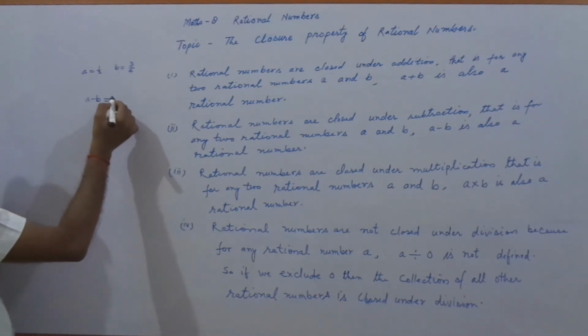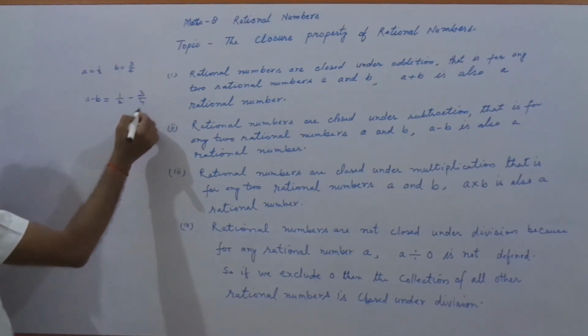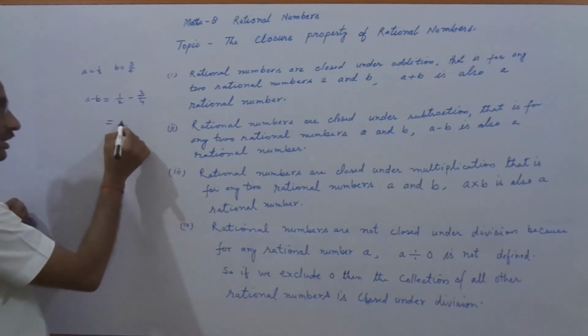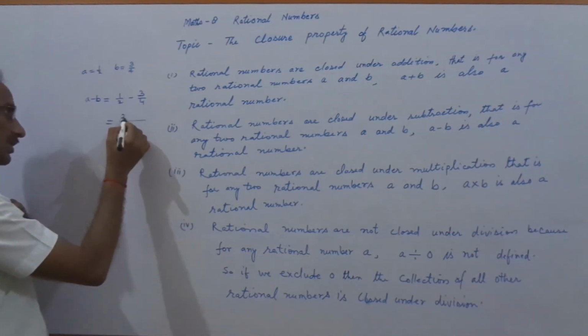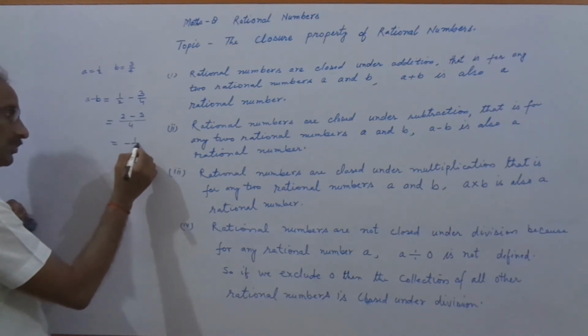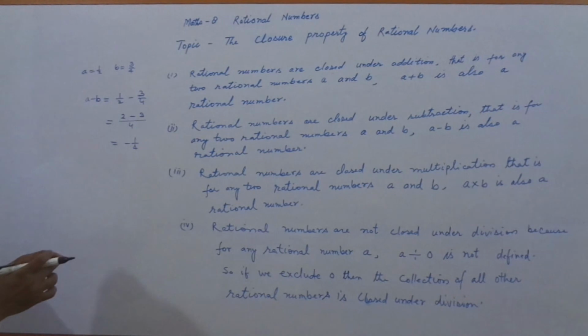The value of a minus b is 1 upon 2 minus 3 upon 4. On taking LCM of 2 and 4, we get 4. And 2 2s are 4, so here we get 2 minus 3. It is minus 1 upon 4. Minus 1 upon 4 is also a rational number.